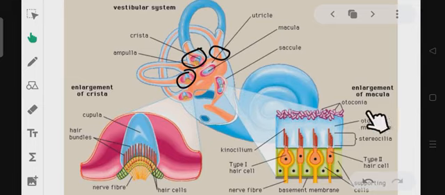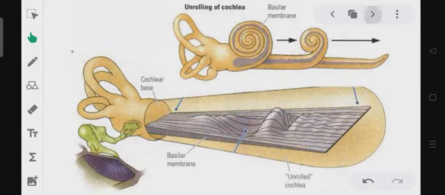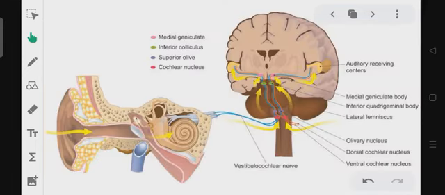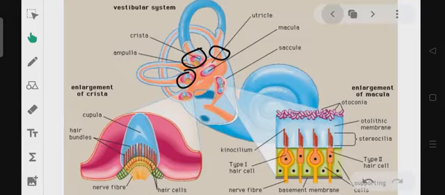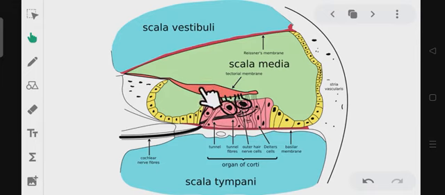And yes, otolith is nothing but the covering over what is present inside the structure of the macula. Otolith is the covering in place of the tectorial membrane. See, the tectorial membrane was there in the cochlea. Let me take you back over here. Yes, this was the tectorial membrane, but it is present in the cochlea only.